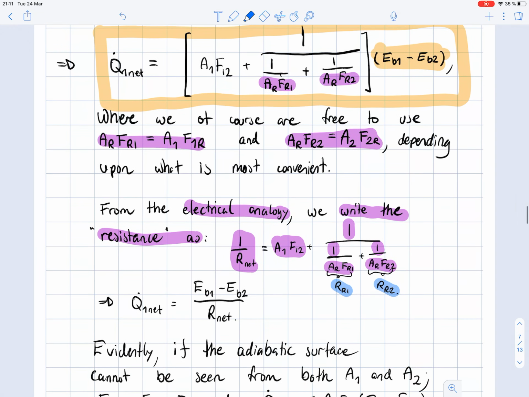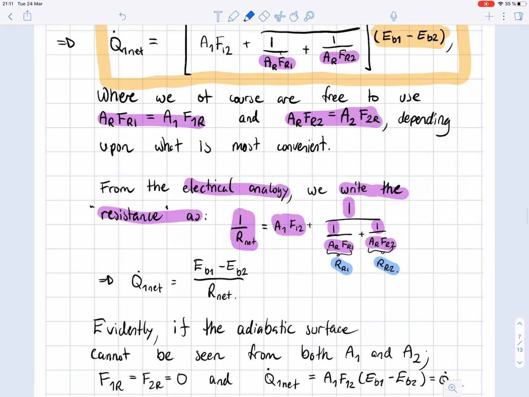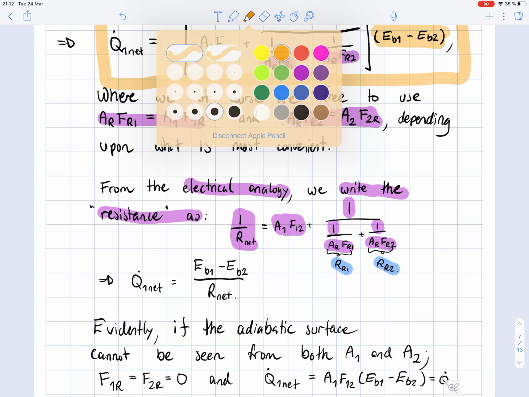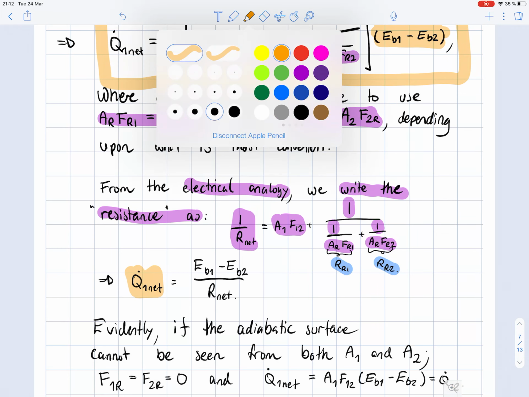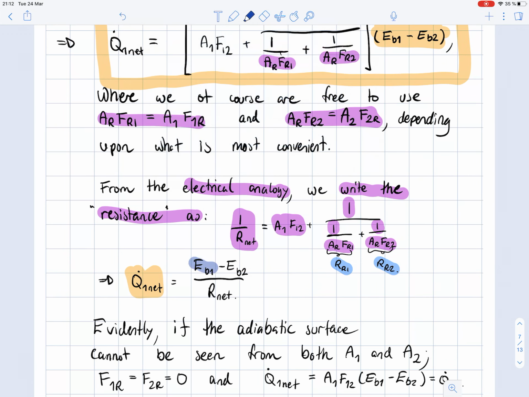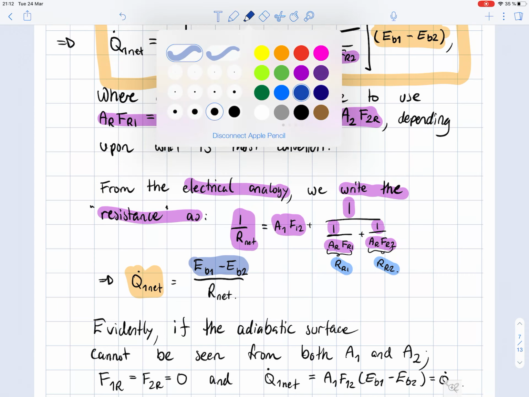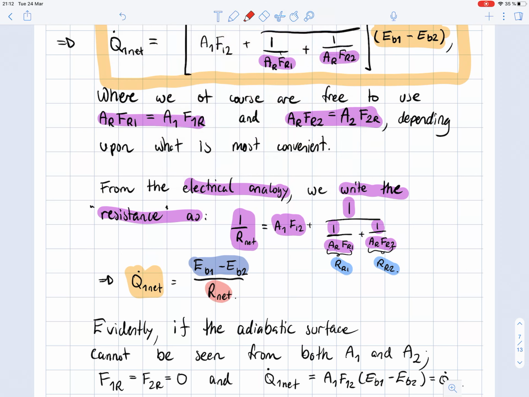So that gives us a simple relation for the net heat transfer rate. It equals the difference in emitted blackbody flux divided by the net resistance.